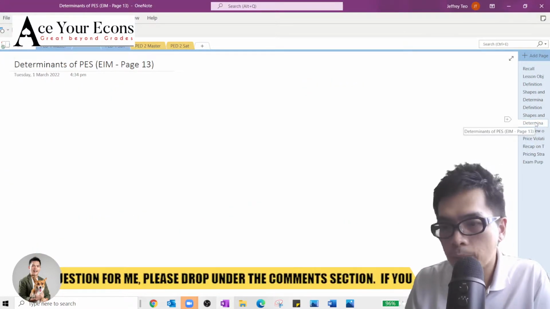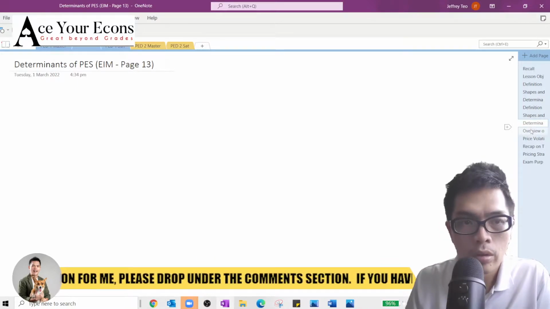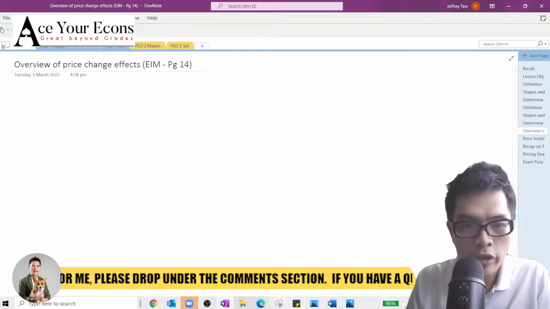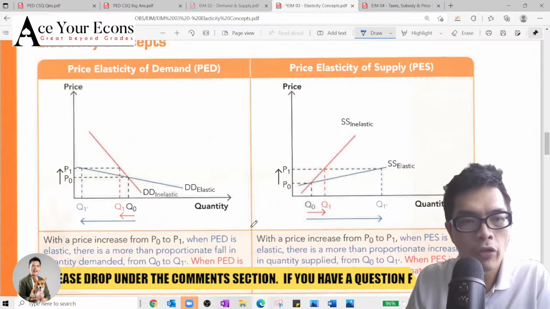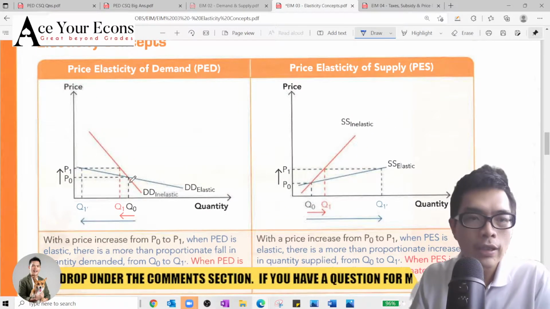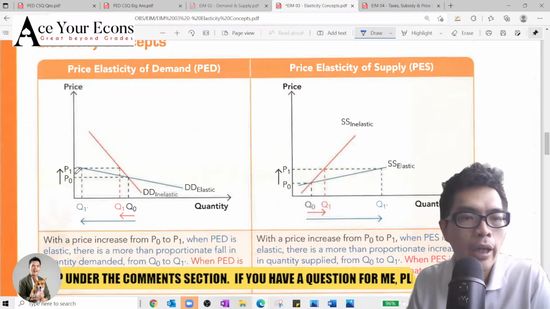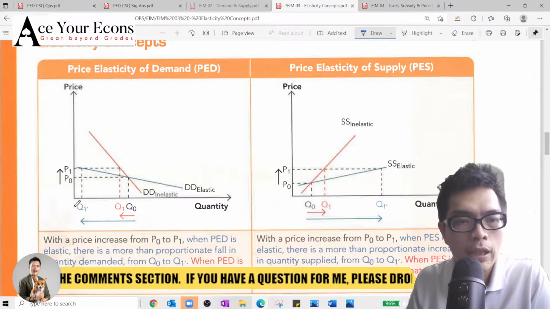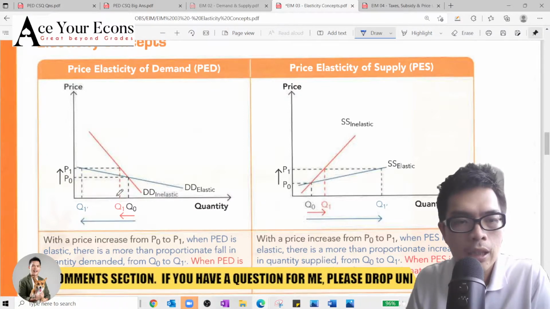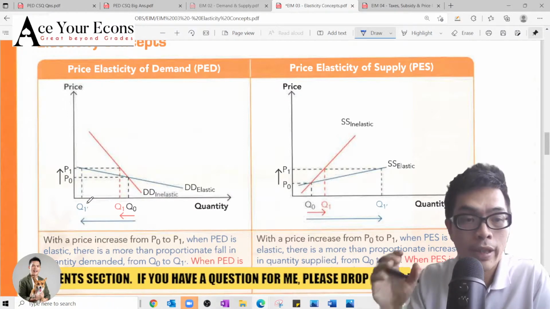So I am going to move on to overview of price changes. Let's look at page 14, everyone. Page 14 is a summary. It tells us that when there's an increase in price, what is going to happen to your quantity demanded? You can see that the blue and the red represents what?